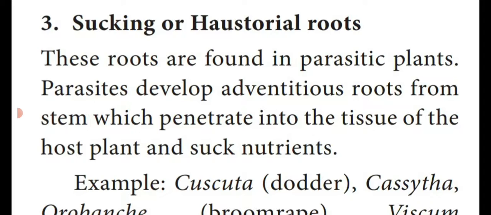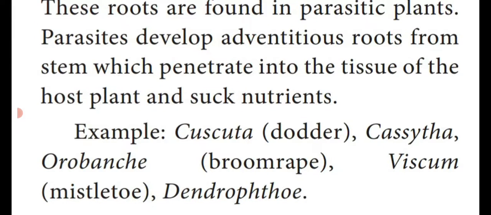Example, Cuscuta. Cuscuta is a parasitic plant. It is a small yellow color, weak stemmed plant. There is no leaf in that plant, so it is unable to do the photosynthetic function. So it produces a special type of sucking or haustorial root and penetrates the root into the host plant to suck the water, mineral salts and food material from the xylem and phloem components.